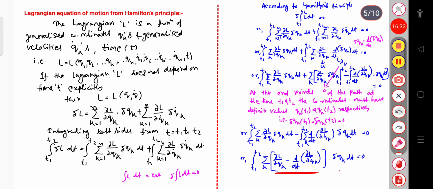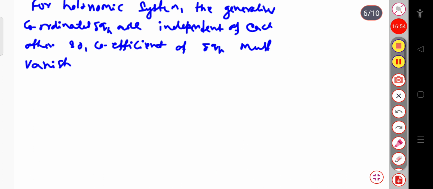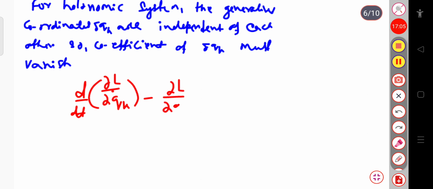So we can write del L by del QK minus d by dt of del L by del QK dot equal to 0, or taking the negative sign common, I can write d by dt of dou L by dou QK dot minus dou L by dou QK equal to 0.